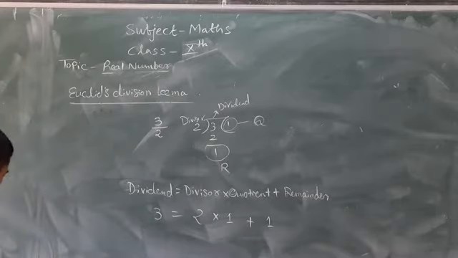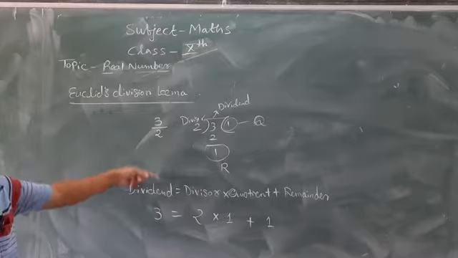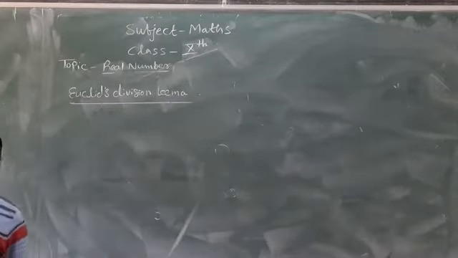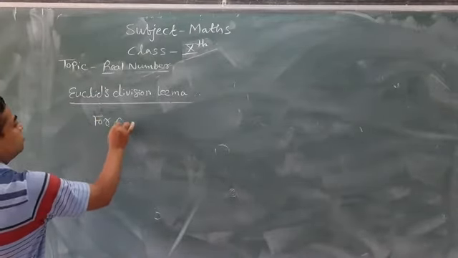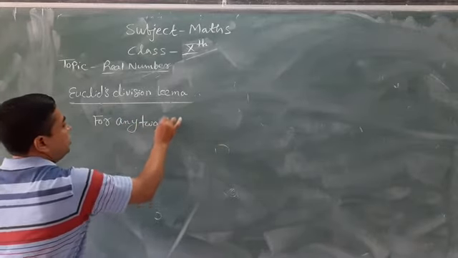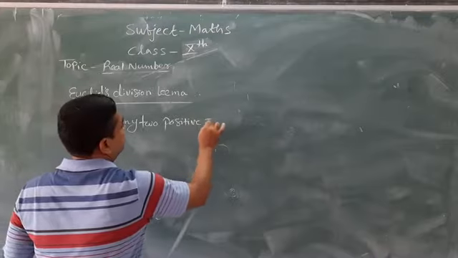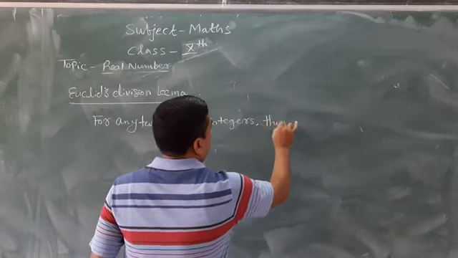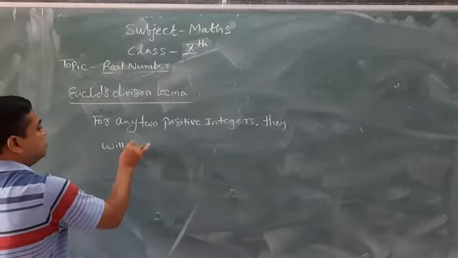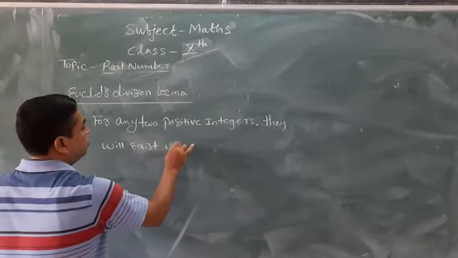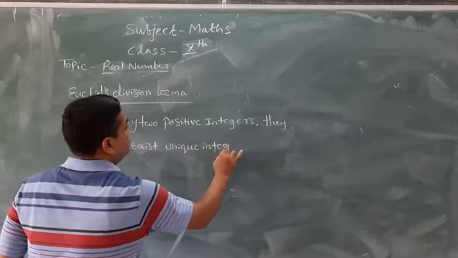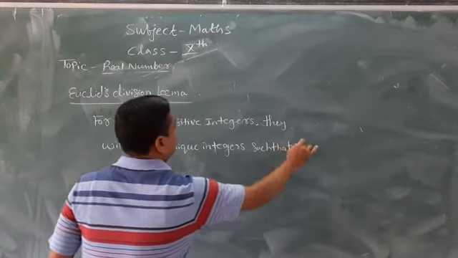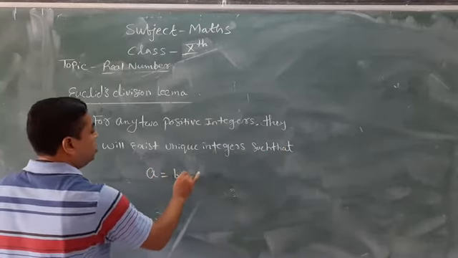And what is the statement of this? The Euclid division lemma is related with this statement: for any two positive integers, there exist unique integers such that a is equal to bq plus r.